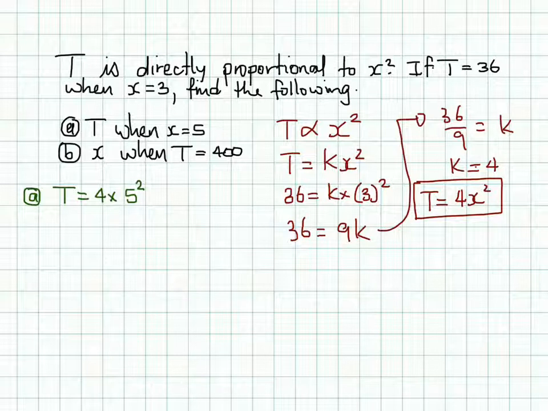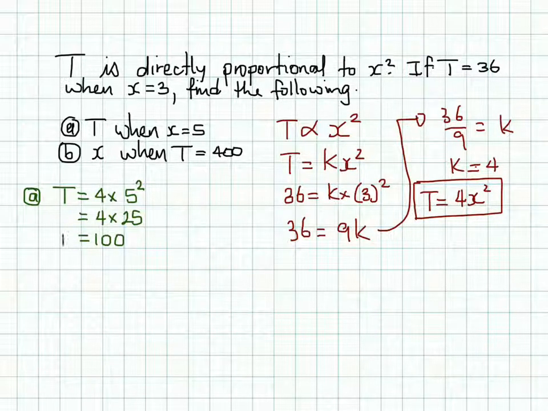Once I replace the x, it was x squared, change it to 5, it has to be 5 squared. I know by BIDMAS or BODMAS, depending on what you like using, that I need to work out the powers first. So this gives me 4 times 25, because 5 squared is 25, which is equal to 100. So my answer is t is equal to 100.